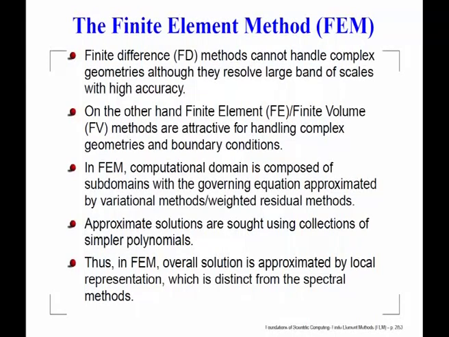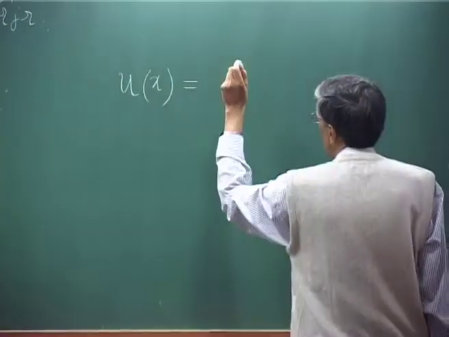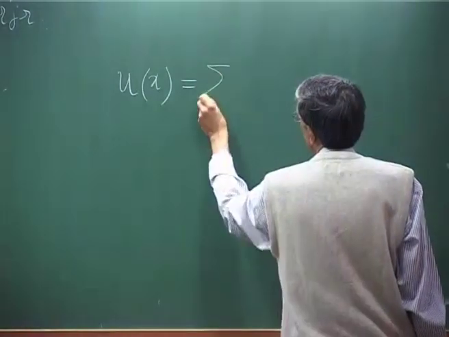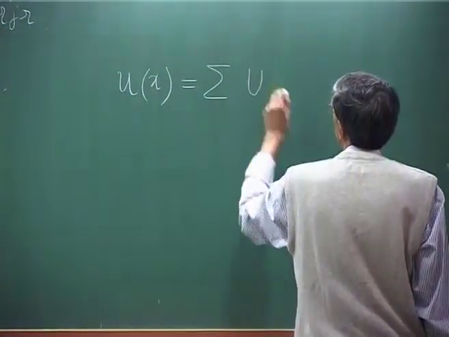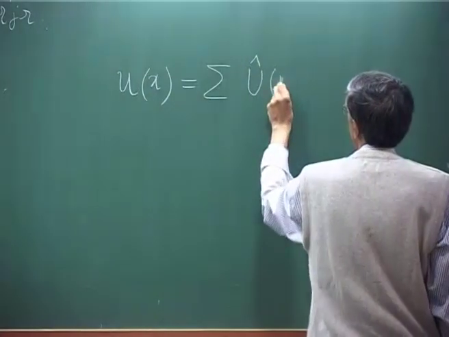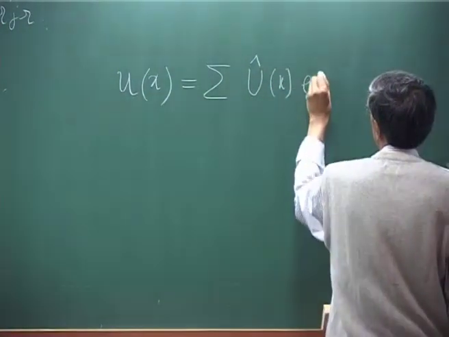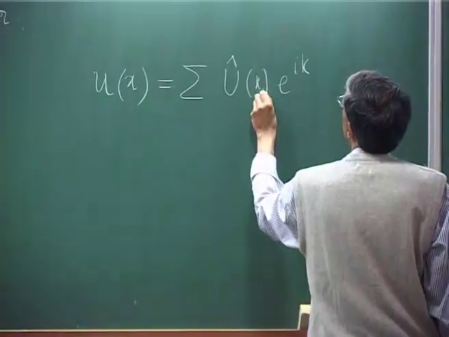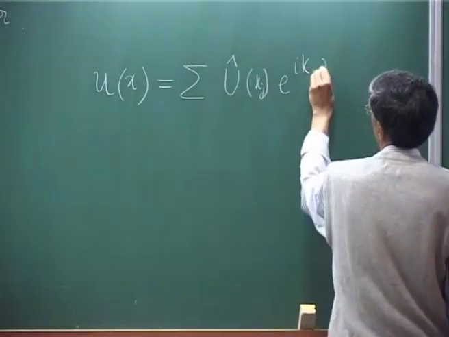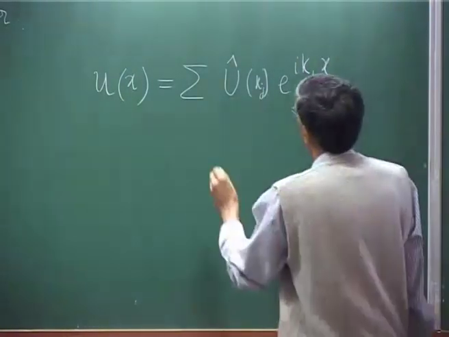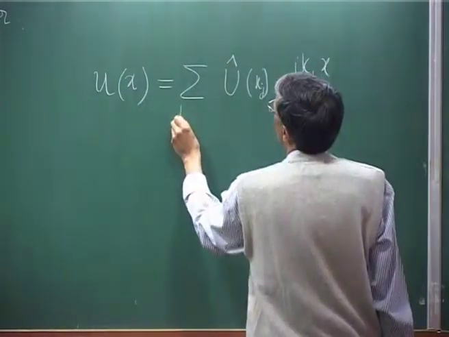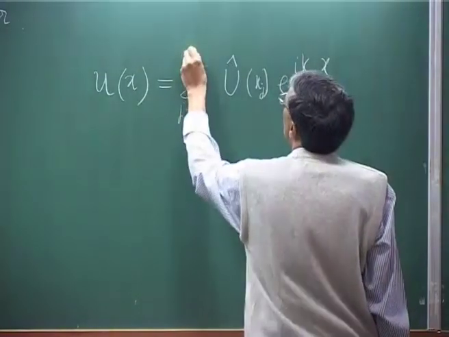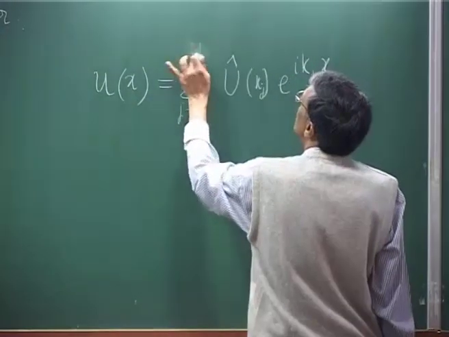So, let us say I have some unknown u of x. I could write it by, let us say, a Fourier series, as u hat of k, and I could write some, let us say, k j, and here of course j could go from 1 to infinity in the actual case.